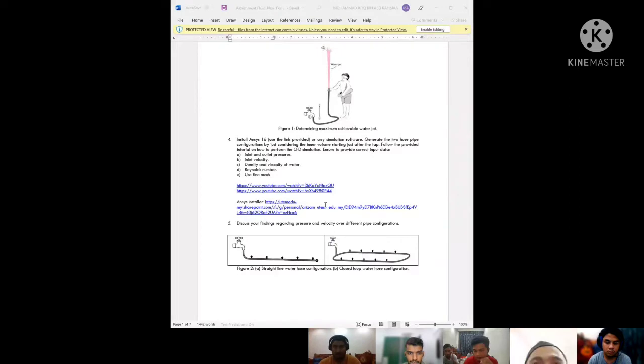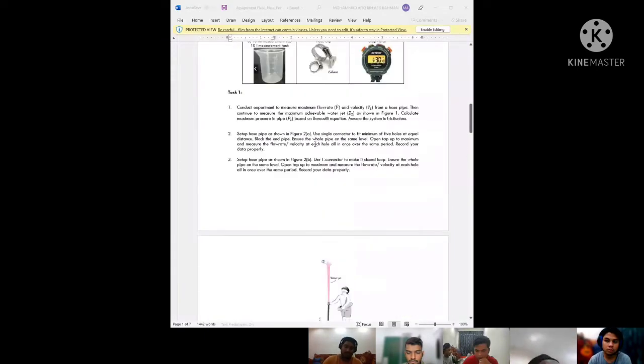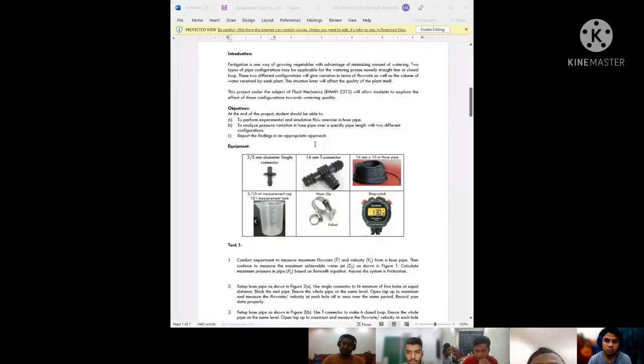Okay, for the equipment that we need, I will hand over to Amen to brief about the equipment. Okay, Amen. Hello, Assalamualaikum. Today we will brief about the equipment.